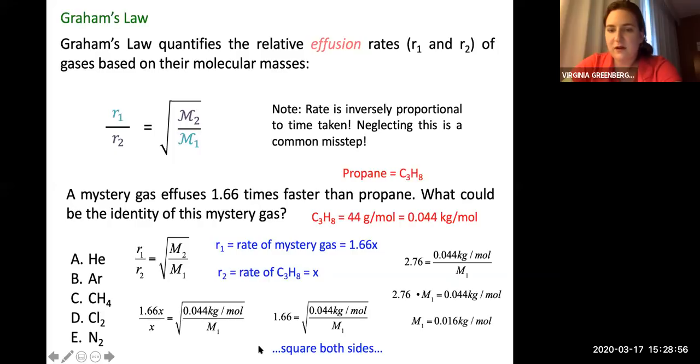And the value we solve for M1 will be the mass of our unknown gas given in kilograms per mole. So then to answer the question, we're just going to match that mass up to one of the 5 answer choices. And we'll find that this corresponds to methane.